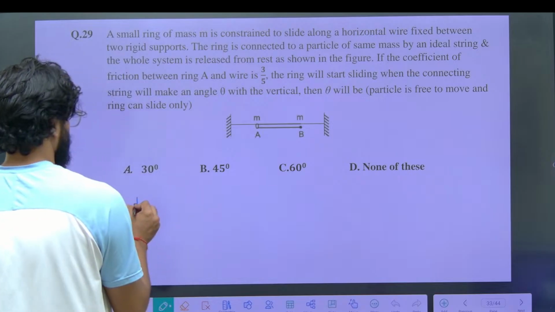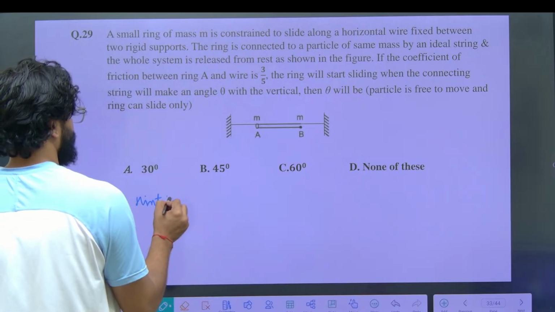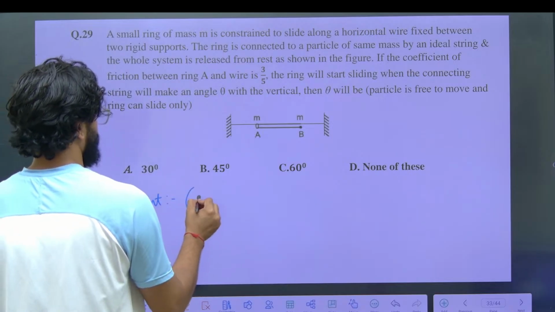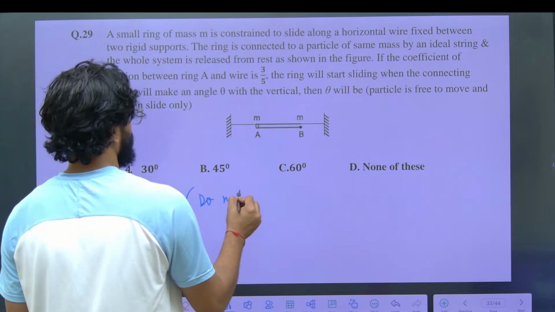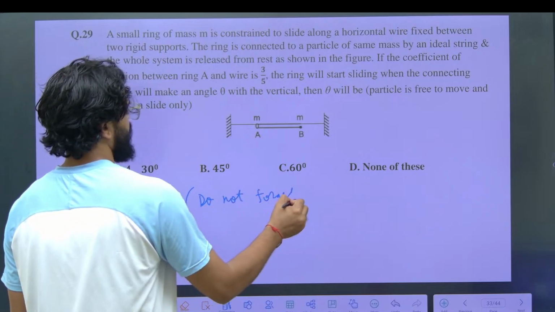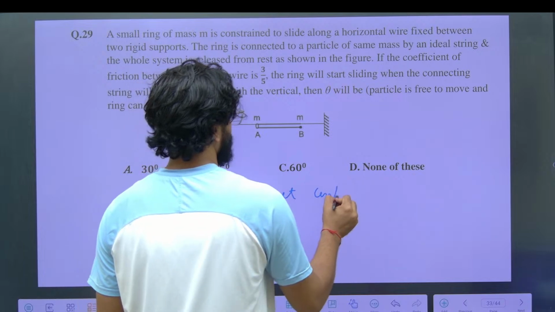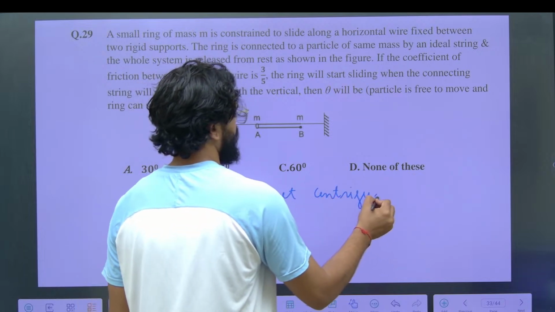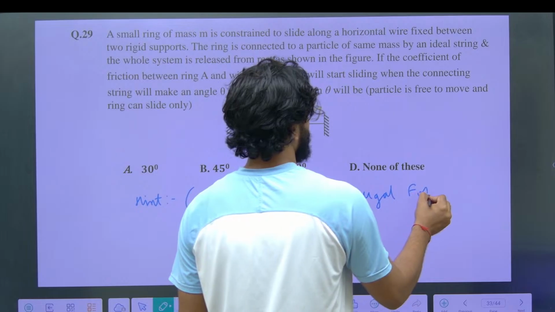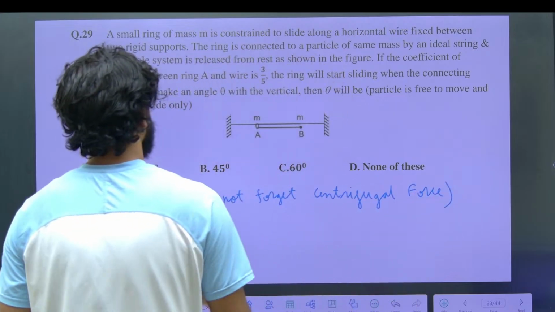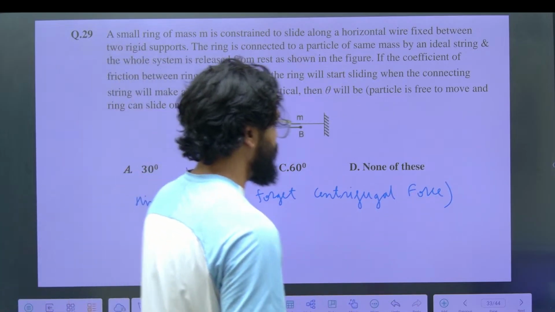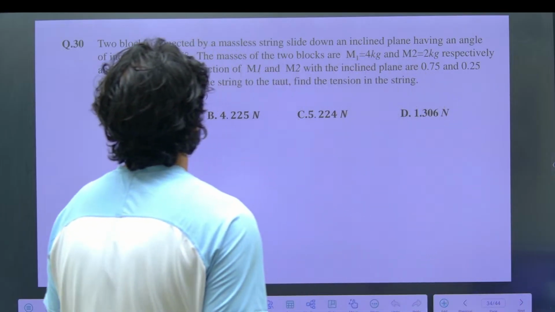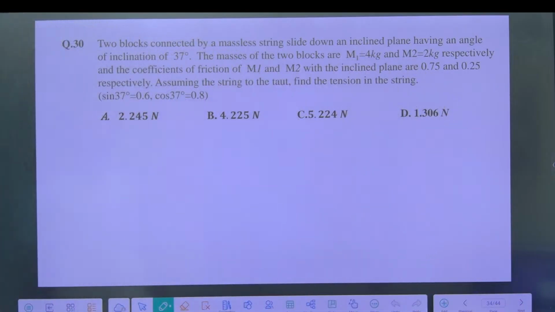Hint that I can give you: do not forget centrifugal force. Okay, so answer over here is B. Question number 30.